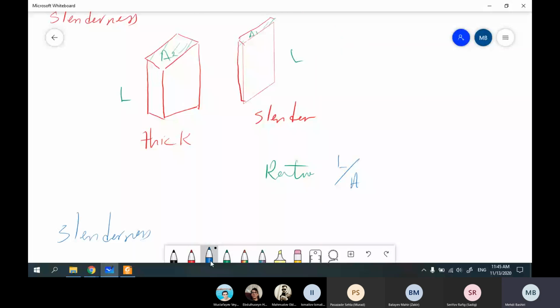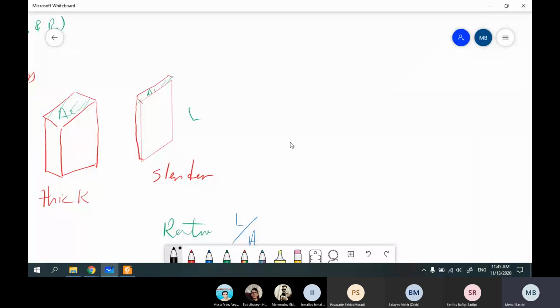Does it matter? Yes, it matters. Why? Because you are not allowed to use, for example, this slender section for a column. It is obvious. What's gonna happen if a member is too slender? You'll have buckling.